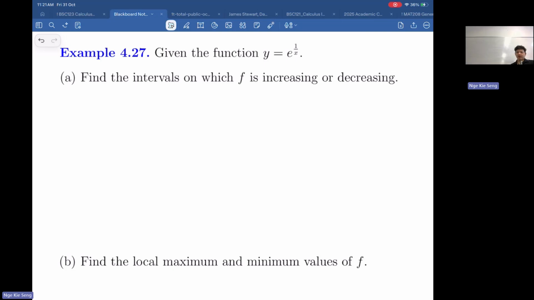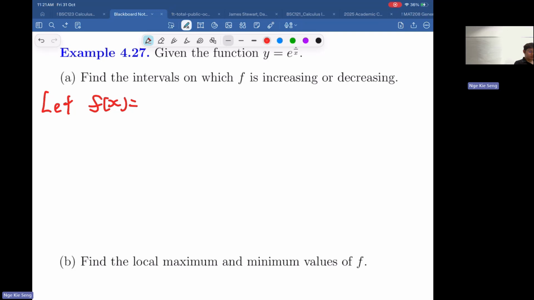For the first part, what you really need to do is find your first derivative. Let f(x) equal e to the 1 over x. How do we differentiate this? Go back to last week's theory. You have a basic function, the exponential function, and another basic function, which is 1 over x, and you put them together by a composite, so you need to use the chain rule.